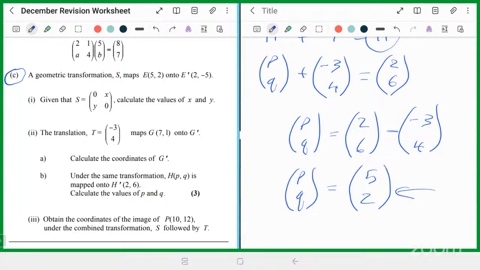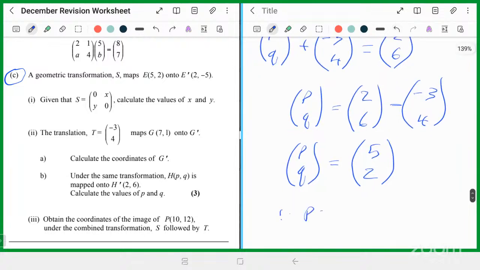You have to now say, therefore, P is 5 and Q is 2. And present this as your answer. The question asks for the value of P and the value of Q. You have to state them explicitly. You can't just have them in the matrix and leave that as the answer. Very good at that?